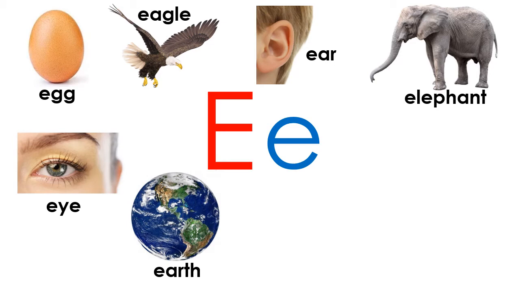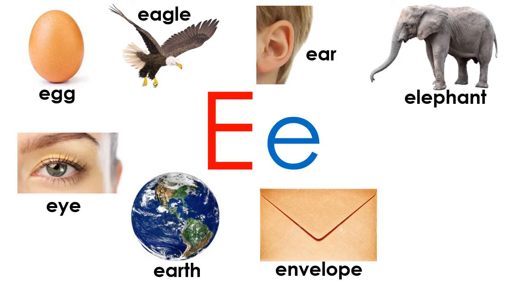Children, Earth is the third planet in the solar system from the Sun and our home planet in which we live. Right? Earth begins with letter E. Right. Next. E for envelope.